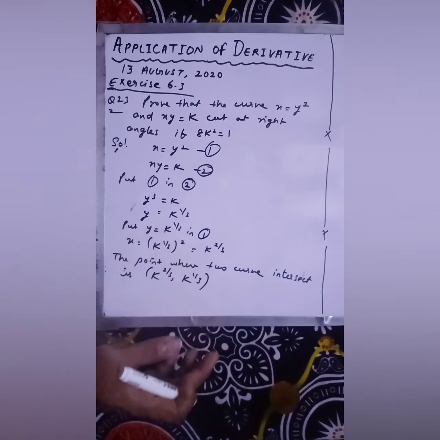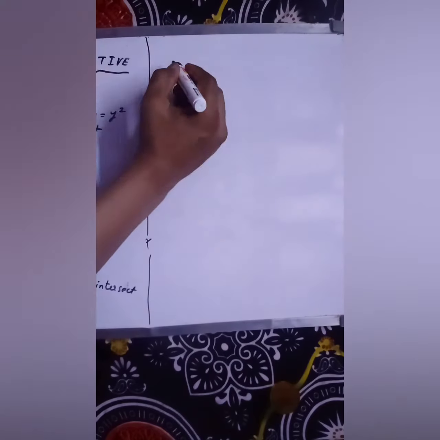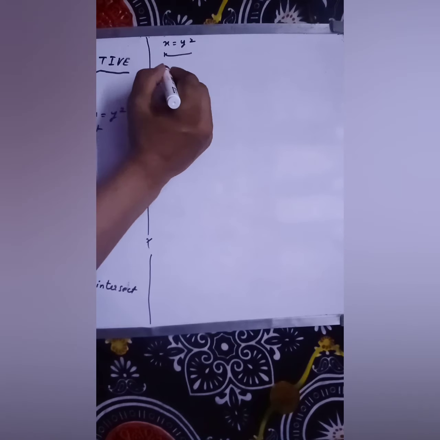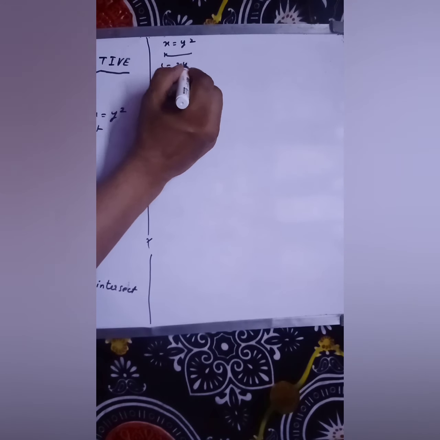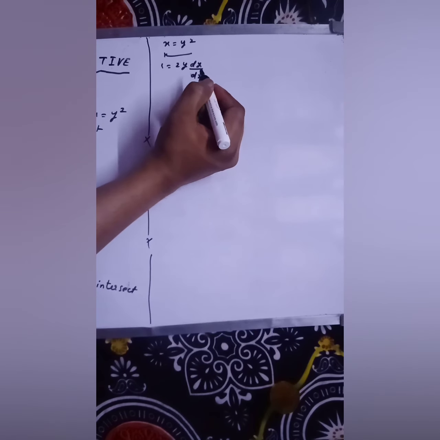Okay, now in the next page I am solving this question. See, here this equation is given to us. So here we are differentiating it, so you will get 2y dy by dx.